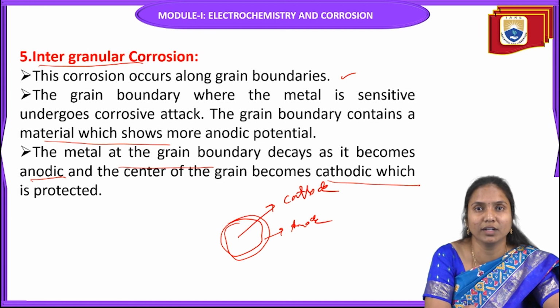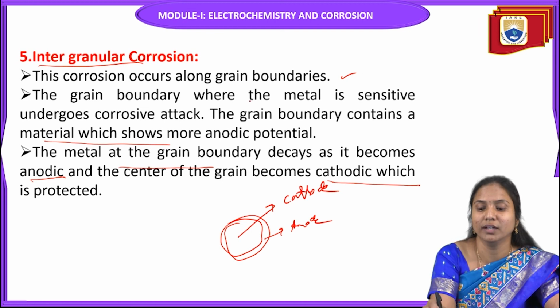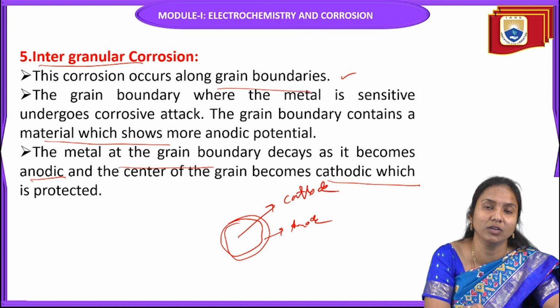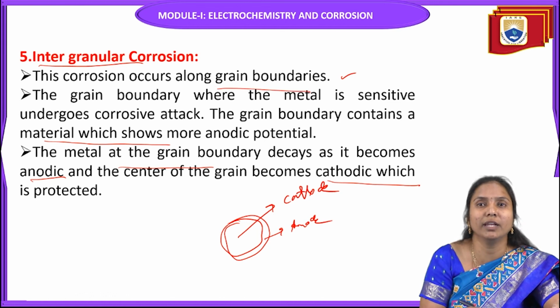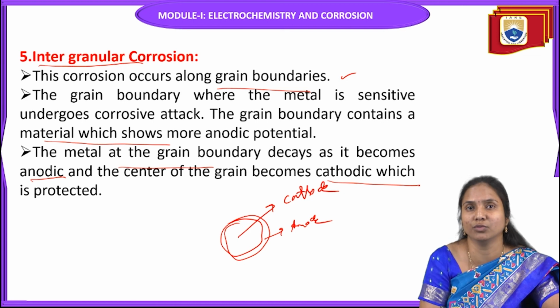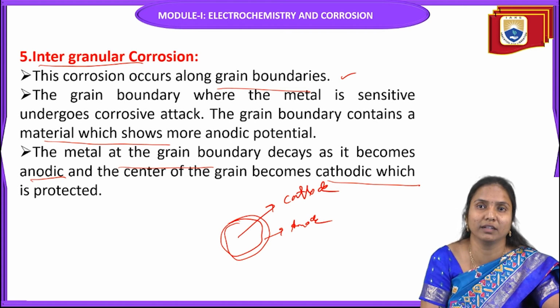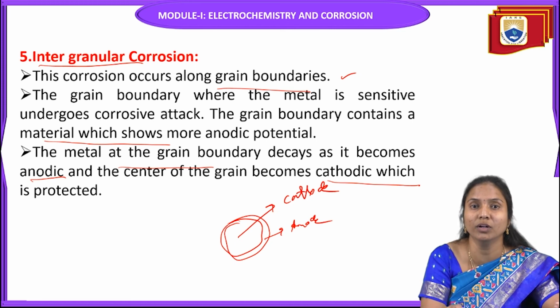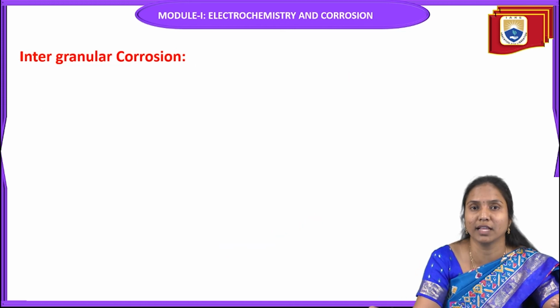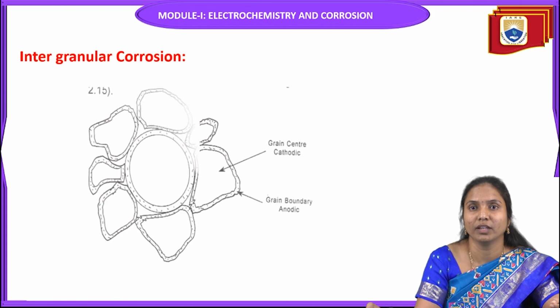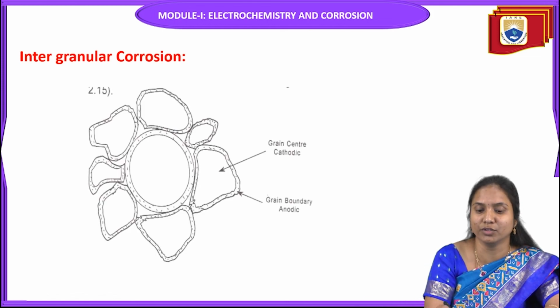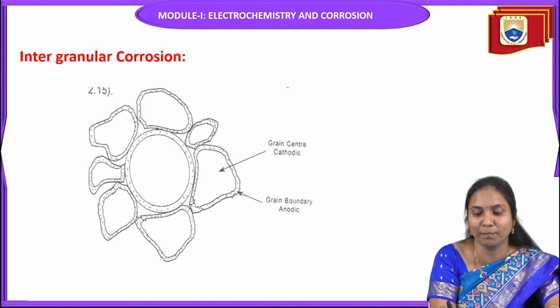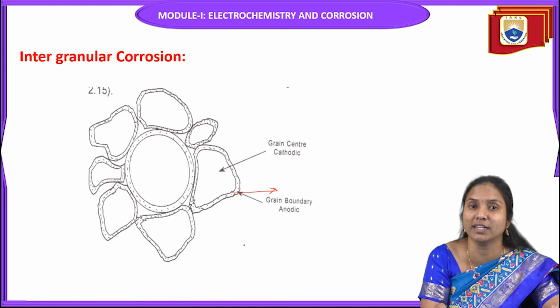So intergranular corrosion is mainly observed in grain boundaries. It occurs along grain boundaries. At the grain boundary, the metal is sensitive, so it undergoes corrosive attack and easily undergoes corrosion. The boundary part acts as anode and the in-between part acts as cathode. For example, that boundary part easily undergoes corrosion because it is very sensitive.